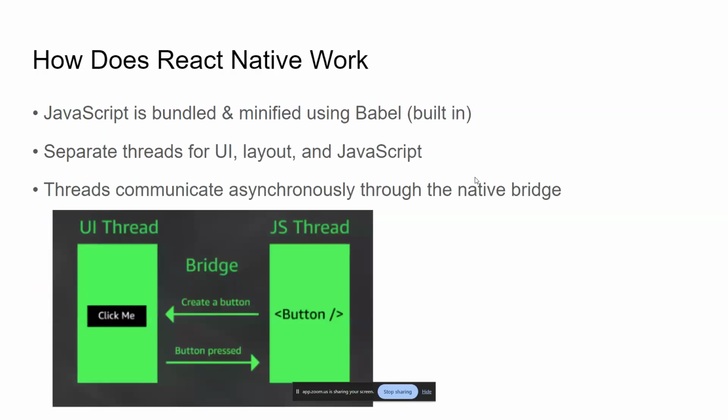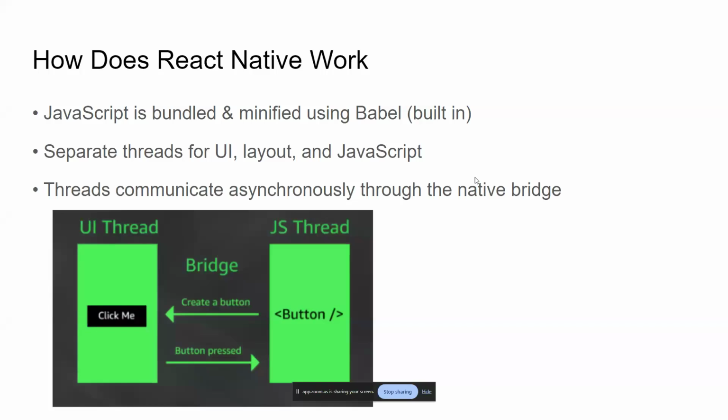Yeah. So React Native mainly works on the principle of threads. The other native platforms also work on threads, but with a more complex relationship with the threads. In React Native, they have made it very easy, clear, and simple.